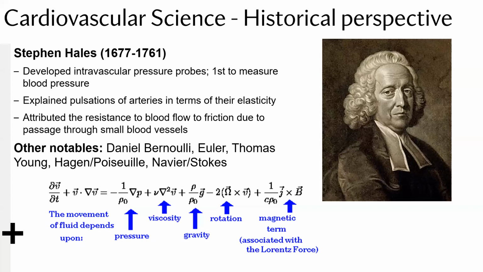It was the initiation of fluid mechanics approaches to understanding the biomechanics of our body, which was very novel at that time and still now. A couple of the main names were Bernoulli, Euler, Thomas Young, Poiseuille, Navier-Stokes, as well as Stephen Hales, who first measured blood pressure with intravascular pressure probes. And the idea was a much more engineered approach than before.